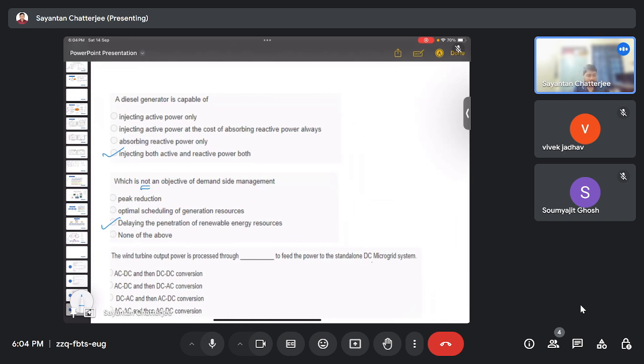This side is DC microgrid, that is confirmed. So AC to DC and then DC to DC. So this is correct.